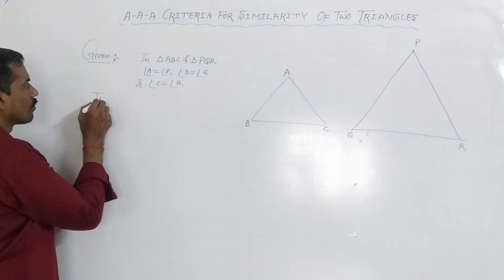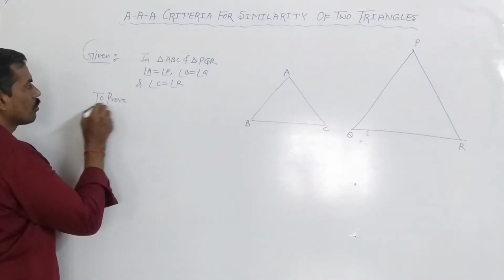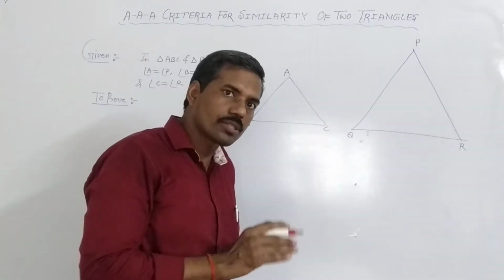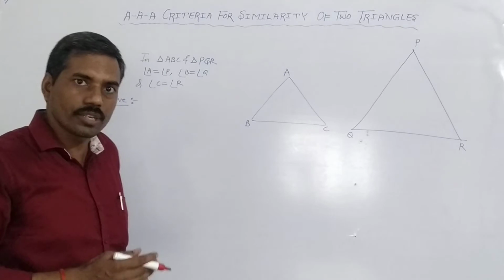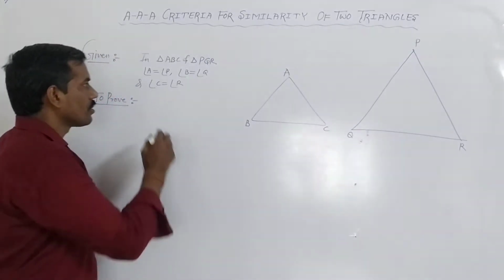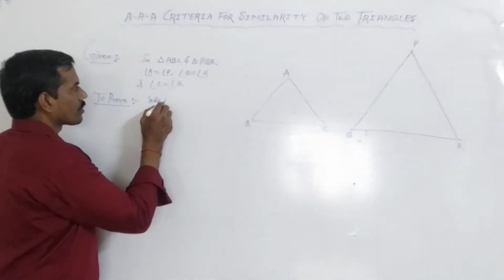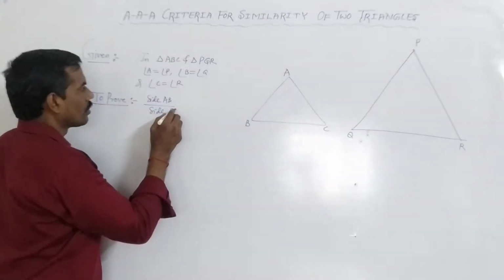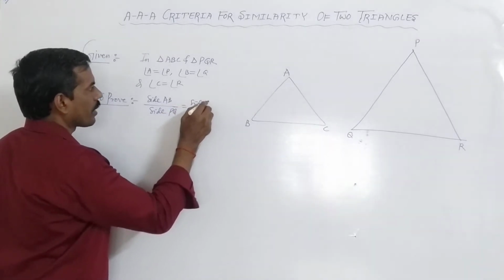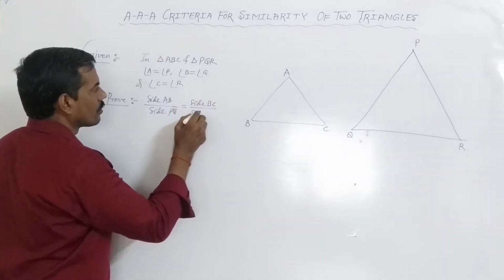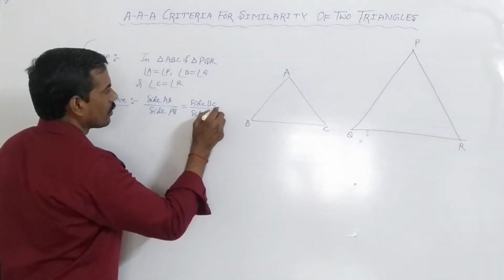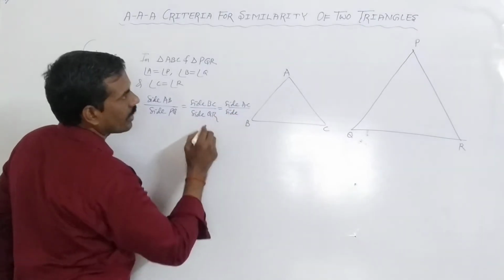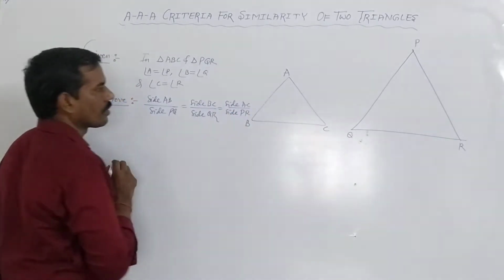To prove: corresponding sides of these two triangles are in the same ratio, that means side AB upon side PQ is equal to side BC upon side QR is equal to side AC upon side PR.